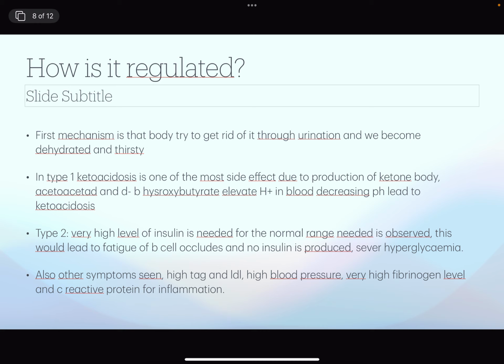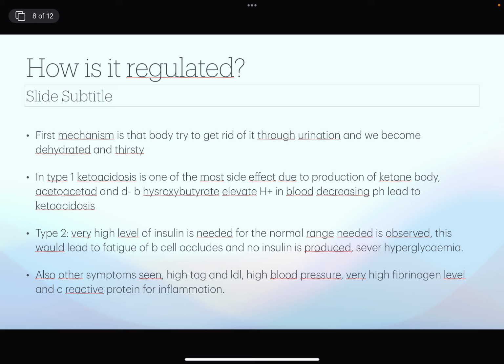This would lead to elevated hydrogen ions in the blood and decreasing pH, and this is one of the signs of ketoacidosis. So when we see ketoacidosis in the blood, then we know that this is one of the type 1 diabetes signs. And type 2 diabetes is when we see very high levels of insulin in our body.